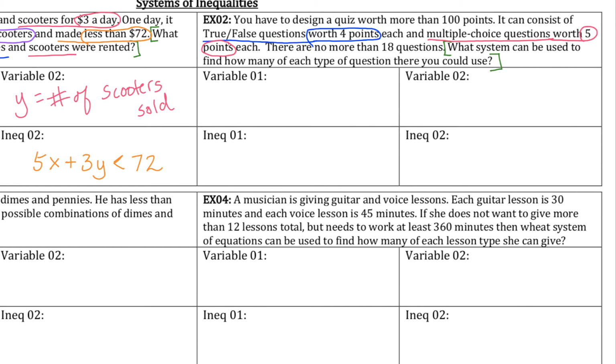And then it gives us a total. You will have to design a quiz worth more than 100 points, and there are no more than 18 questions.